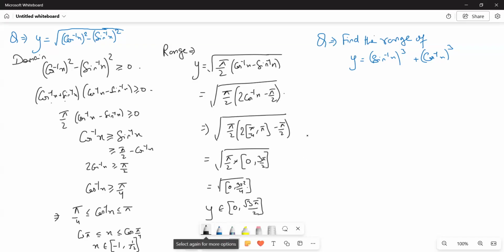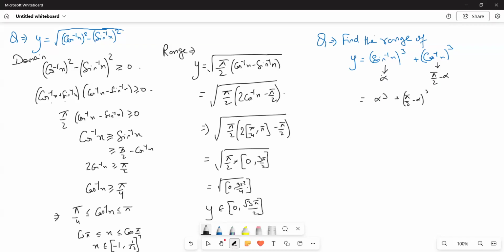Okay, to solve this question, what we do is, just I had said this once when we were discussing about trigo, that if we have any expression in terms of complementary trigonometric ratios, then one of the ways of solving it is we take one of them as alpha so that the other becomes pi by 2 minus alpha. Okay. So this expression is like writing alpha cube plus pi by 2 minus alpha whole cube.